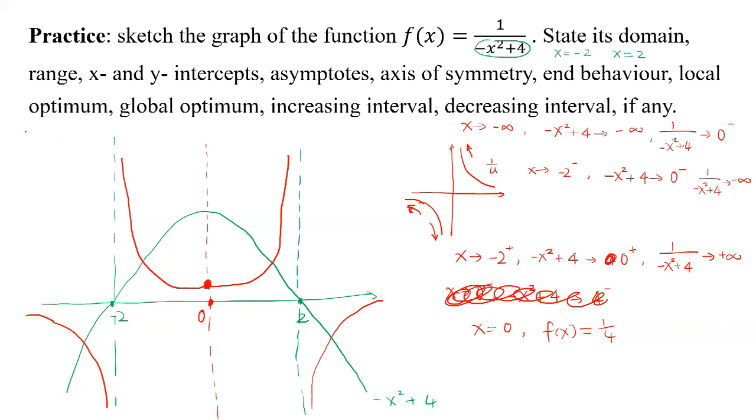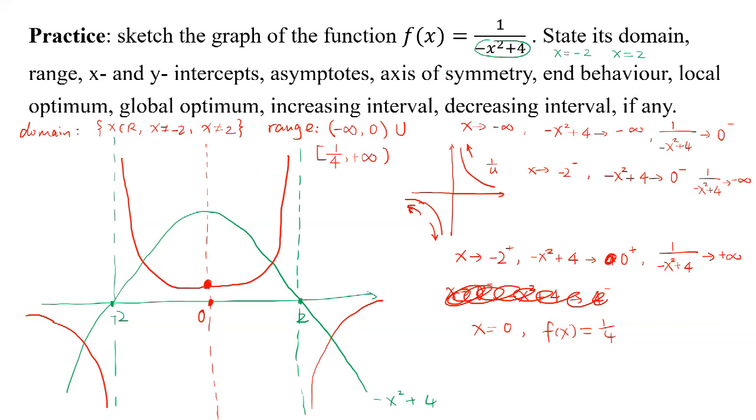Okay, so let's make a summary. First of all, the domain is x can be any real number, but not either of the zeros. And the range is negative infinity to 0, exclusive, union with 1/4 to positive infinity.